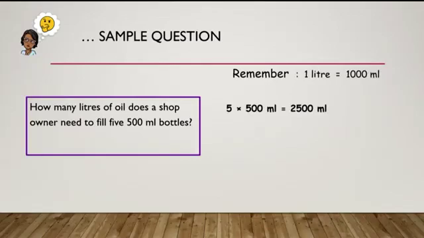So what do we do? 2,500 milliliters, how many liters would that be? We would divide by 1,000, or you could reason it out. 2,500, so the answer is 2.5 liters.